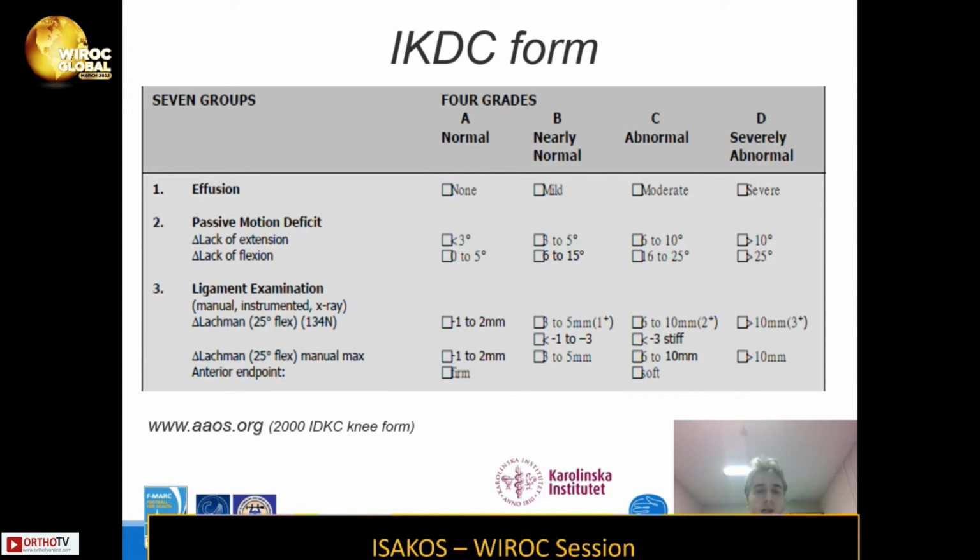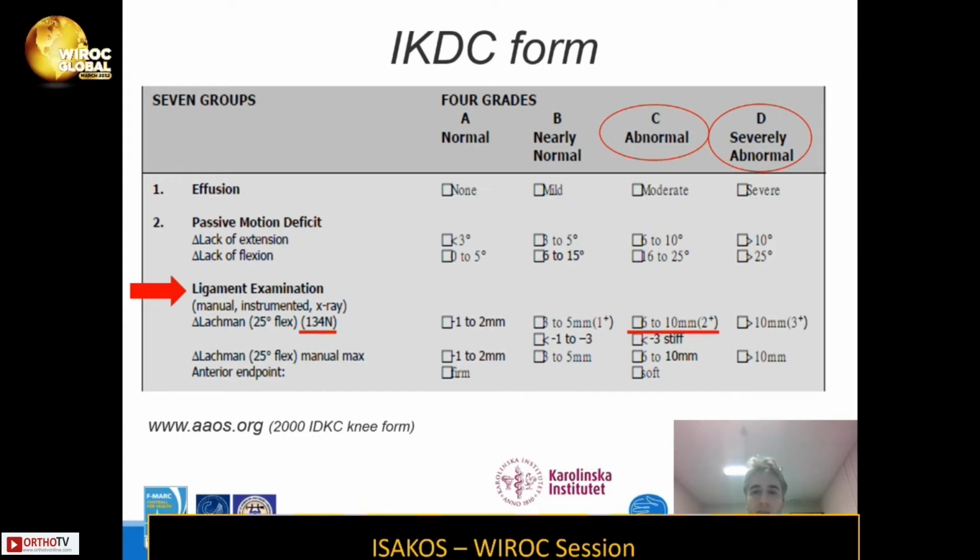If we look at the IKDC form, and in particular the ligament examination form, we can see that if we measure the laxity instrumentally with 134 Newton of anterior tibial displacement, we can classify laxity in 4 grades, with the abnormal grade being a side-to-side difference between 6 and 10 millimeters, which corresponds to a Lachman 2+.